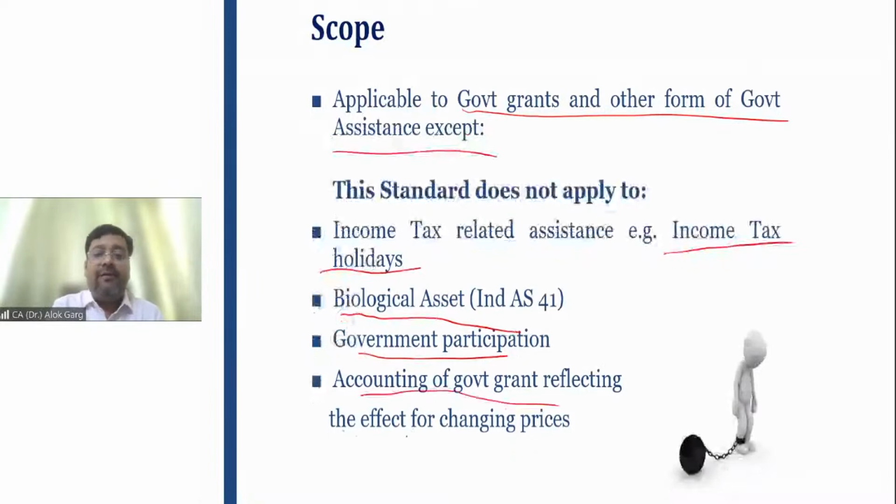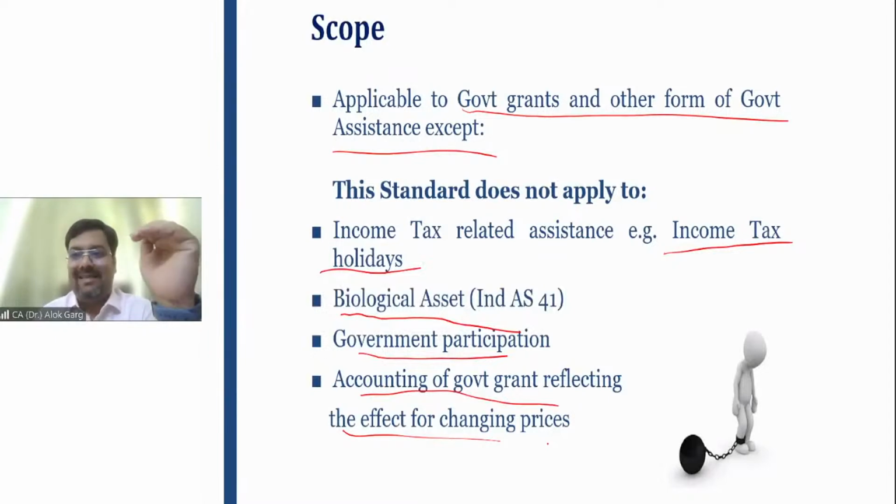Accounting for government grant reflecting the effect of changing prices, right? If government has fixed a price of a commodity, you will not be able to sell beyond that, right? Like price rationing, okay? If government has fixed a price, whatever the inflation, the price of this commodity will not go beyond this, right? Government has fixed a ceiling on the prices, just to curb inflation or to ensure that malpractices or black marketing will not happen.